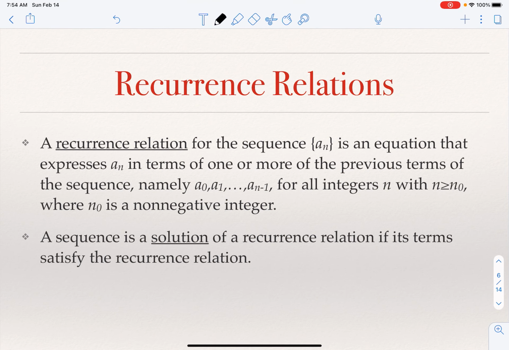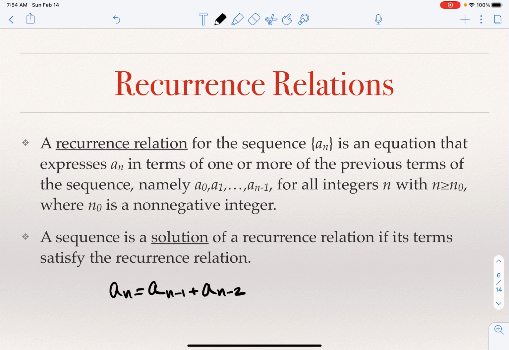One concept that we are going to encounter in this course is the notion of recurrence relation. A recurrence relation is a sequence where the term is expressed in terms of one or more of the previous terms. Think about recursive algorithms, where the function makes a call to itself with some other parameters. For example, we have the Fibonacci series, where the nth element is the sum of the two previous elements, an equals an minus 1 plus an minus 2.